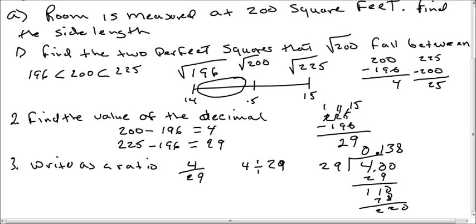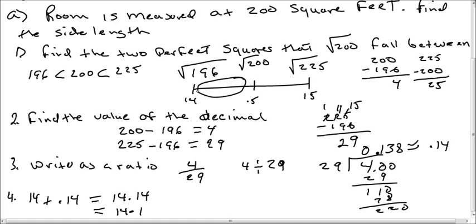Okay, so now to find my value, I will take my distance, which is 14. It's closer to 14, so I will take 14 plus 0.14, because I round that to approximately 0.14, and that will give me 14.14, and they asked us to round to the nearest tenth, and that's going to give me 14.1.